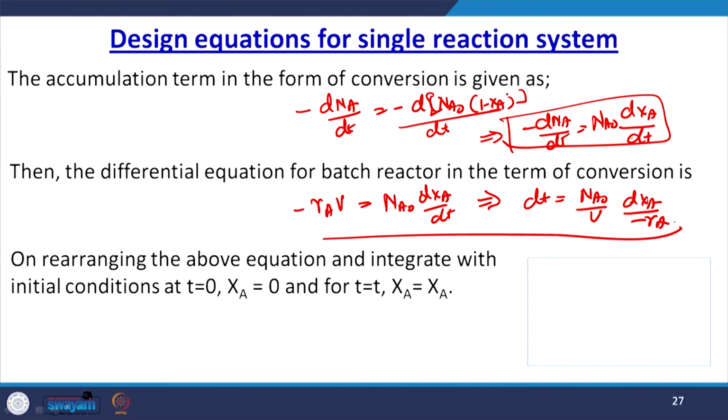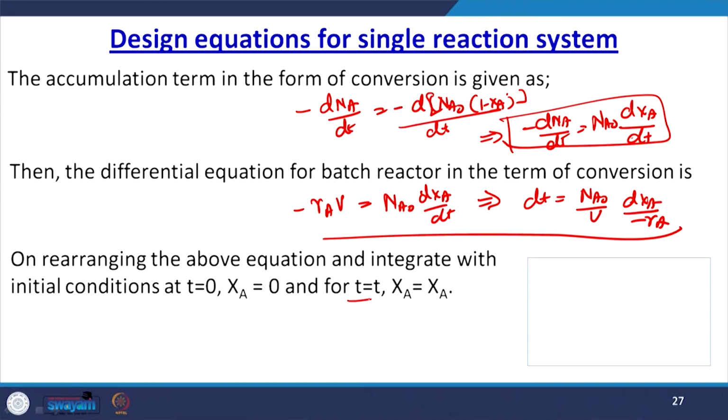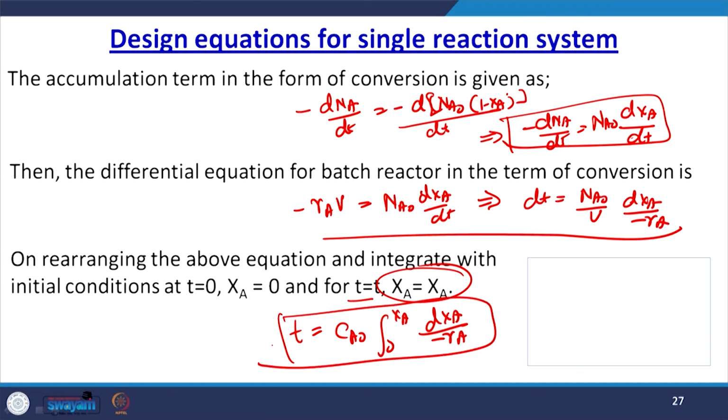Now if we integrate and rearrange things, keeping an eye on the initial conditions, at t is equal to 0, x is equal to 0, and for t is equal to t, x is equal to x, then we can represent it like this. This is the required performance equation for the batch reactor at constant volume.